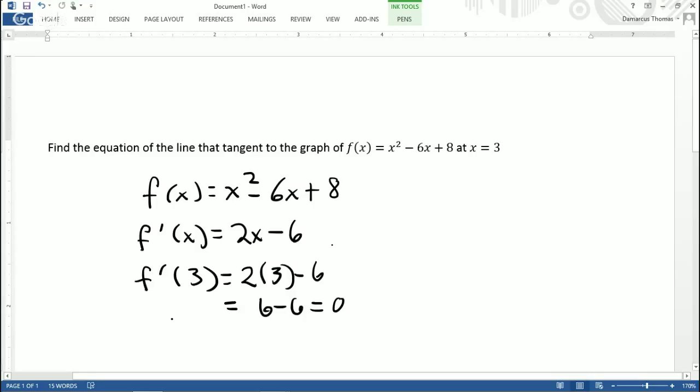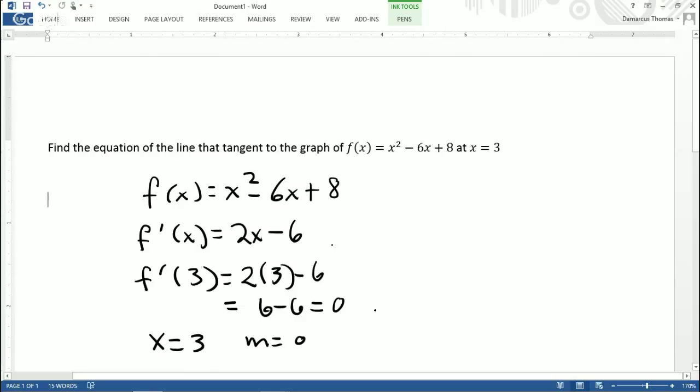And so that's just great. That lets us know that at x equals 3, the slope of the tangent line is 0, and we now know that that's actually a vertex point.